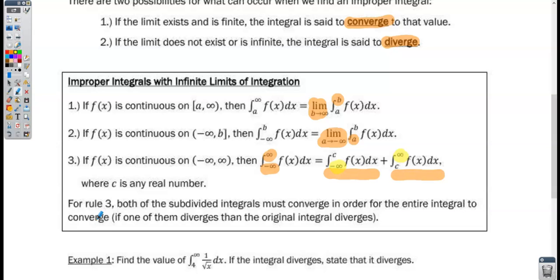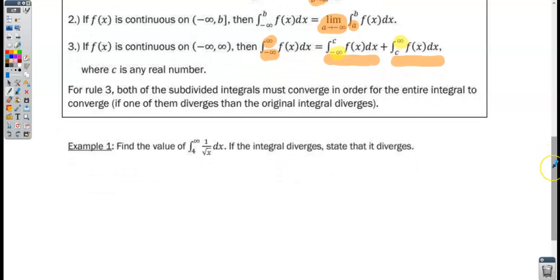All right, so let's go ahead and we'll look at our first example of an improper integral. We're going to find the value of the integral from 4 to infinity of 1 over the square root of x dx, and if the integral diverges, we're going to state that it diverges. This particular function is continuous on the interval from 4 to infinity.